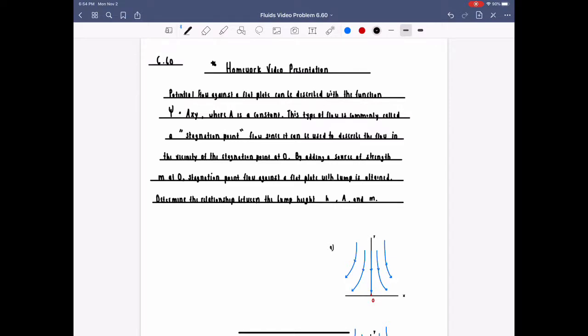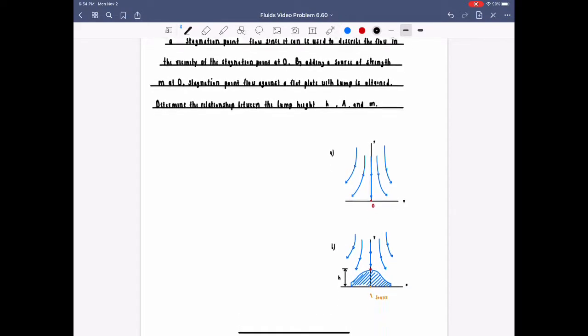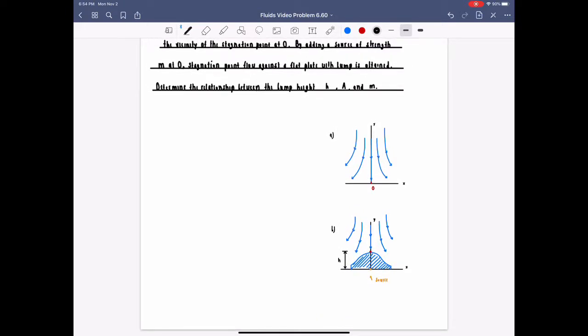source strength m. So I've already gone ahead and drawn the pictures of the potential flow. The first one, A, is the potential flow pertaining to a flat plate. And so the net stream function that we want to obtain is psi equal to psi on the flat plate, and we also now have to consider the source portion of the stream function.